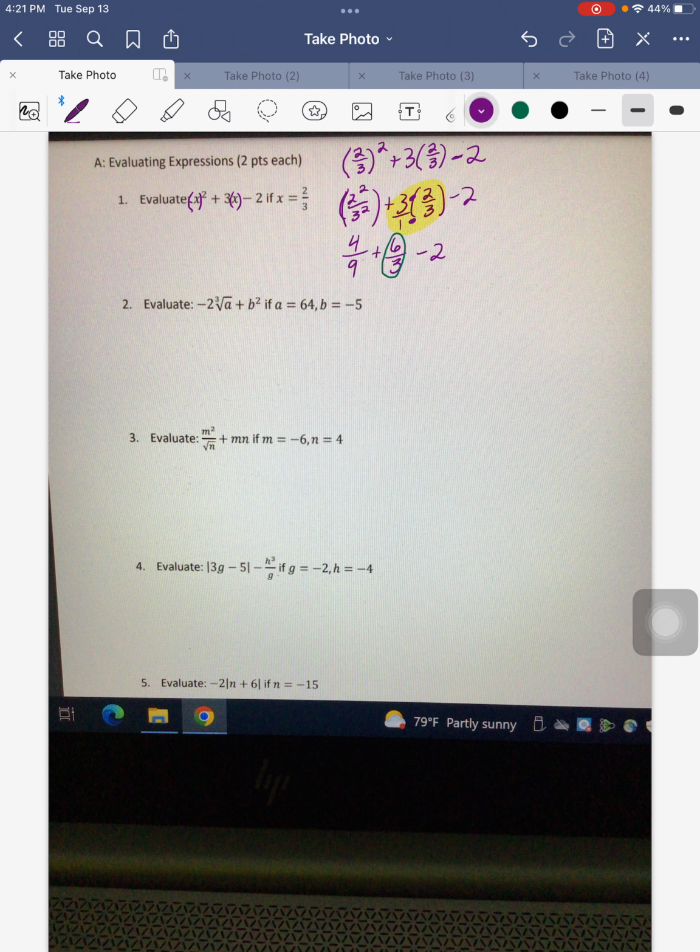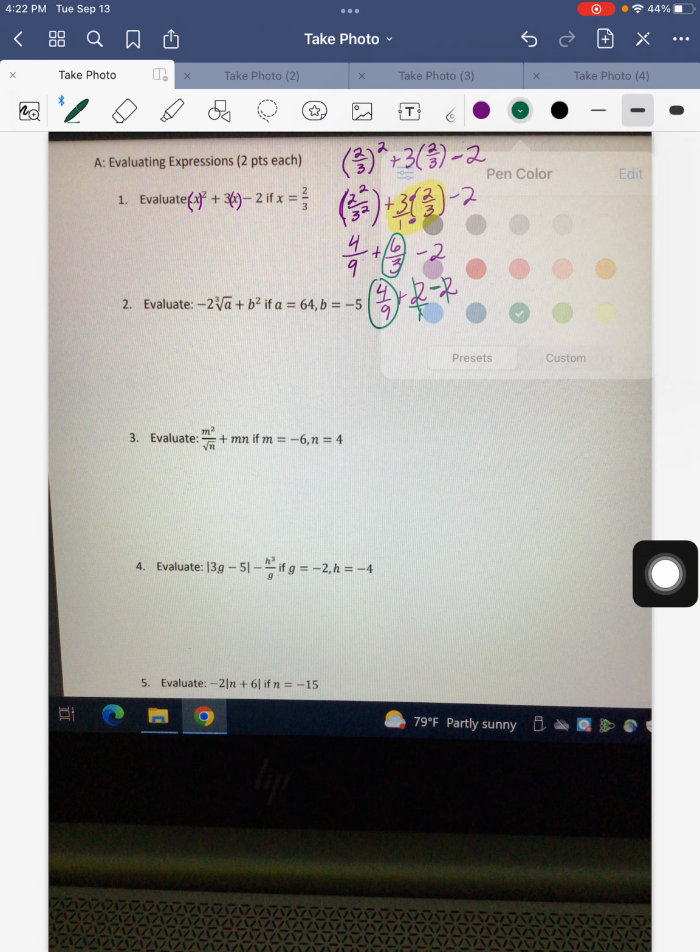So 4/9 is going to come down. 6 divided by 3 is 2. We could do 4/9 plus 2, which is 2 and 4/9, and then subtract 2, and it's just going to give us 4/9. Or you could just do 2 minus 2 is 0, leaving you with 4/9.